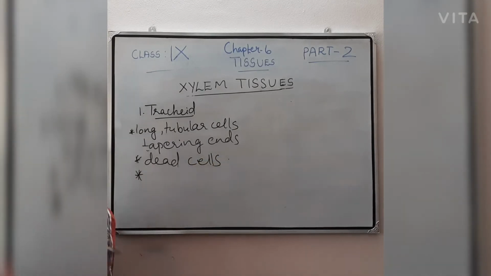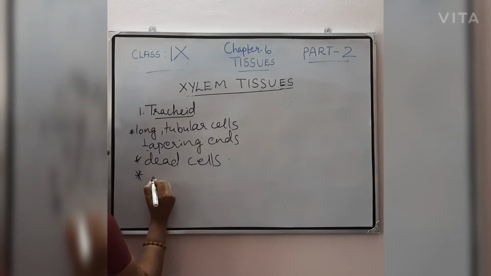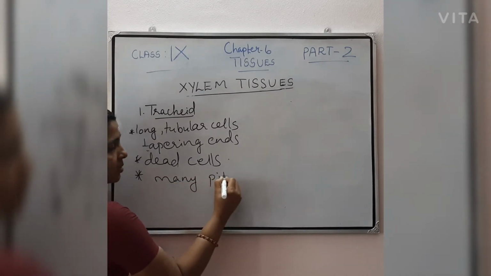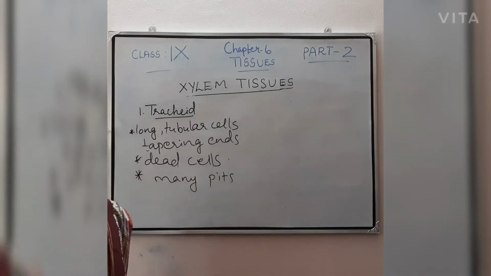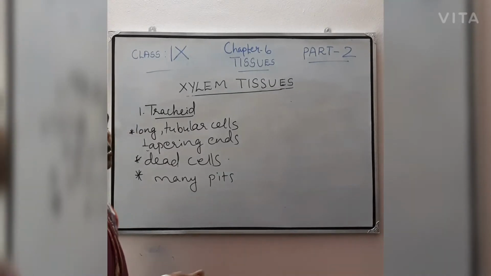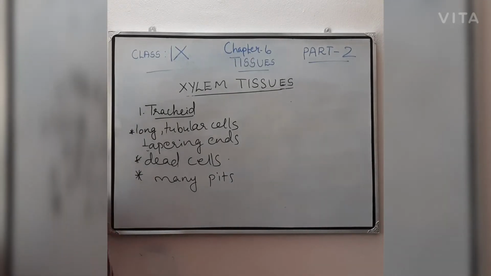These mature dead cells have numerous apertures in their walls, and they are called pits. Pits means what? Holes, small holes. So many apertures or pits are present in their cells. So these are the characters of tracheids.